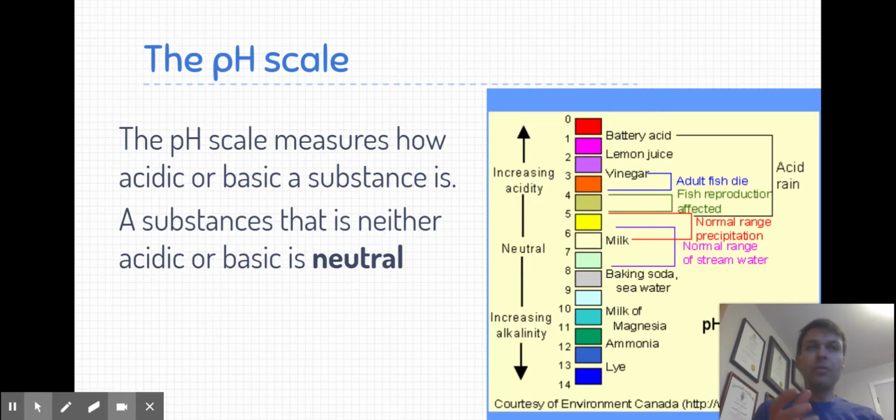As you can see, food products fall close to or just above and below the neutral range. And chemicals that we deal with in the lab are often more at the extreme ends of the scale, closer to 1, 2, or 13 and 14. Let's now look at a calculation for going from the concentration of hydrogen ions to the pH of a substance.